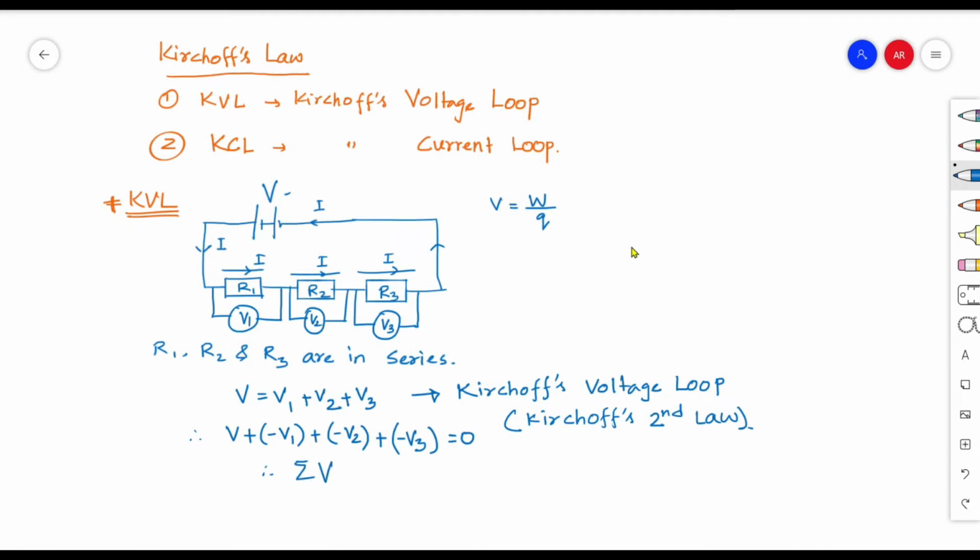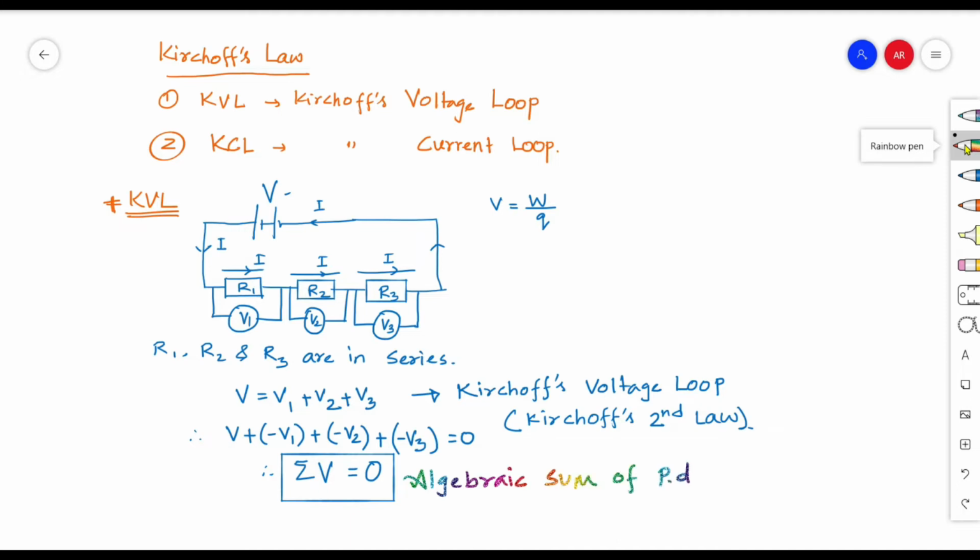So we could write V equals V1 plus V2 plus V3, and bringing all this to the same side, it gives us sigma V, the summation of V, is 0. So in his second law, the KVL law, Kirchhoff said that the algebraic sum of all the PDs in the circuit is equal to 0.